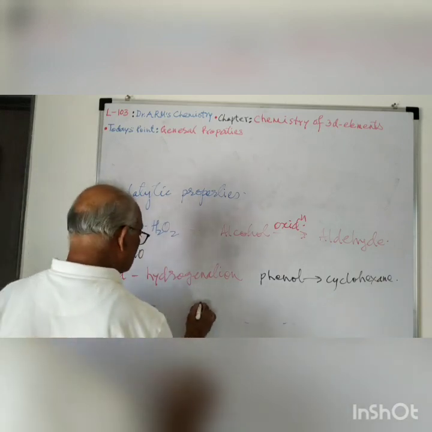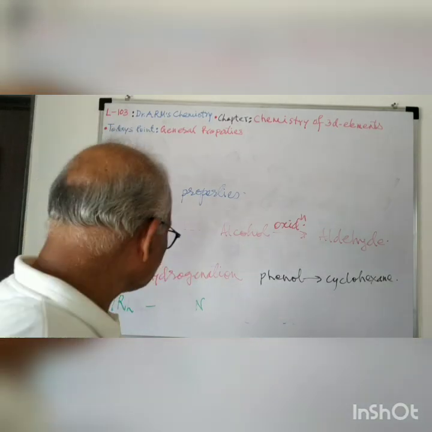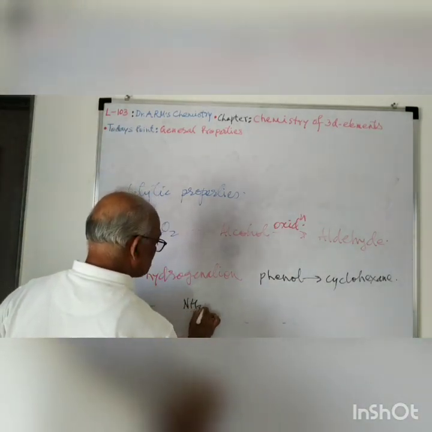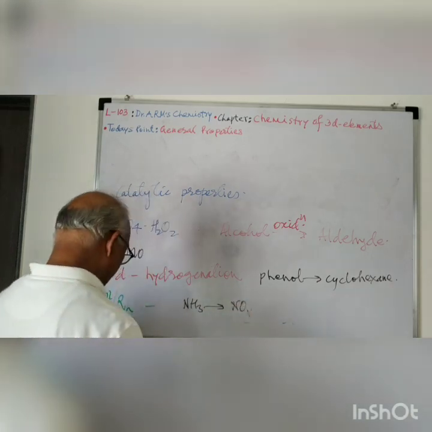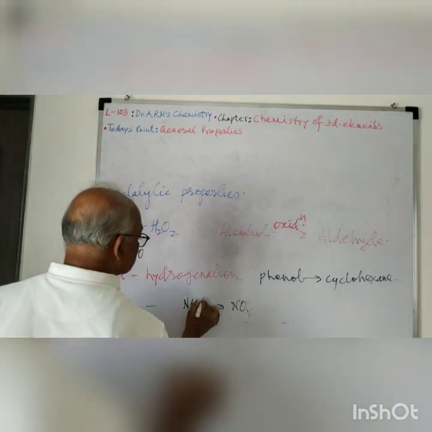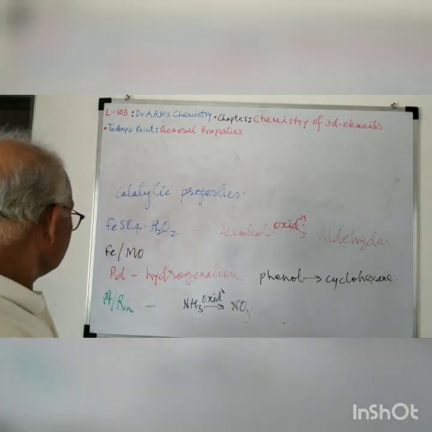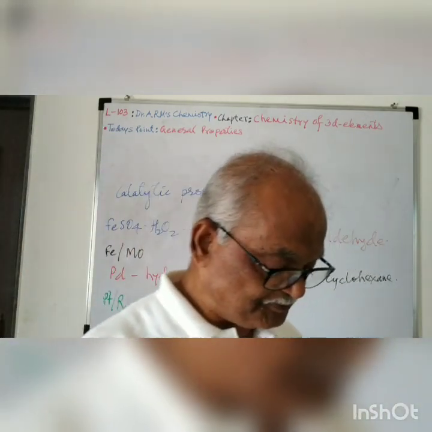It is used in the oxidation of ammonia to give nitric oxide. That is oxidation. So platinum and rhodium act as oxidizing agents.